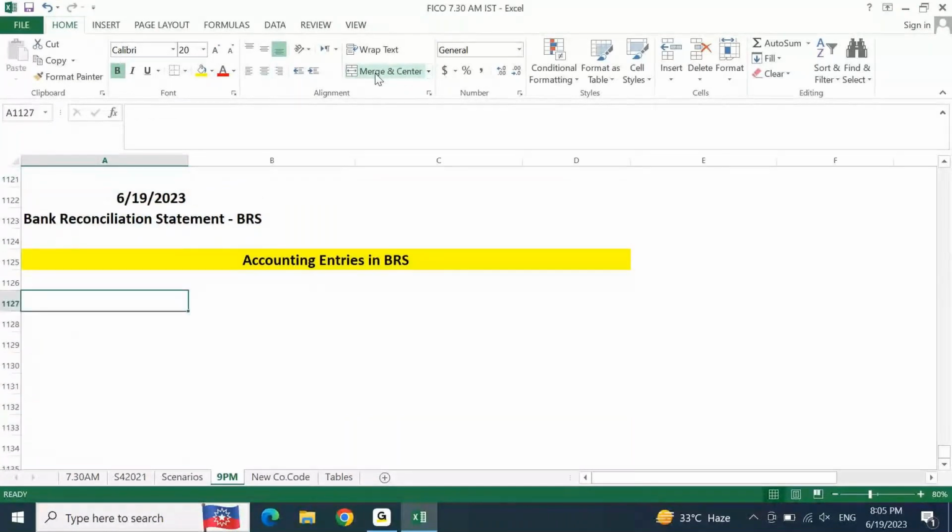Okay, when we talk about BRS accounting entries, you have two types of entries here. One is direct posting, the other one is clearing entries.